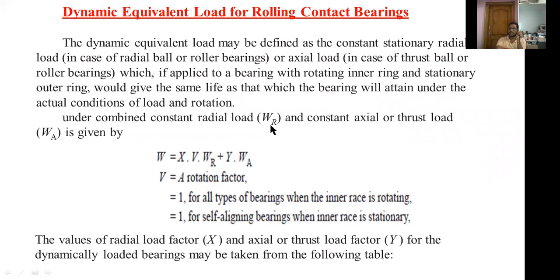Now coming to another topic, that is the dynamic equivalent load for rolling contact bearings. What is the dynamic equivalent load for rolling contact bearings?